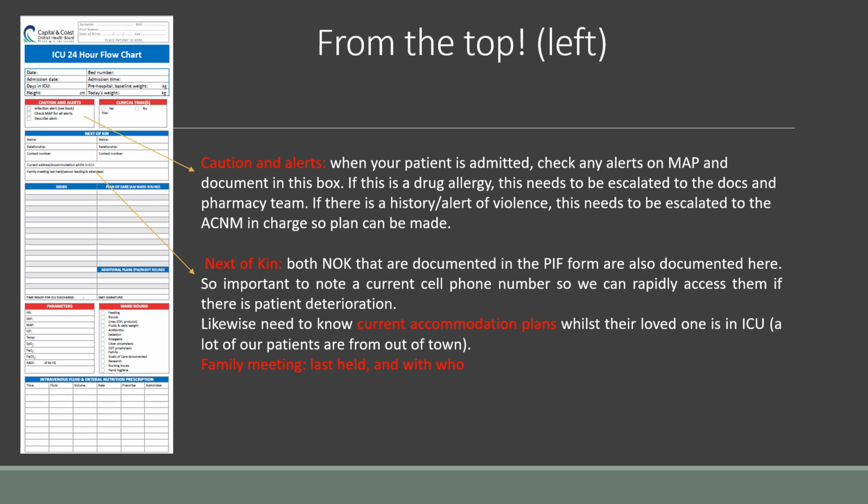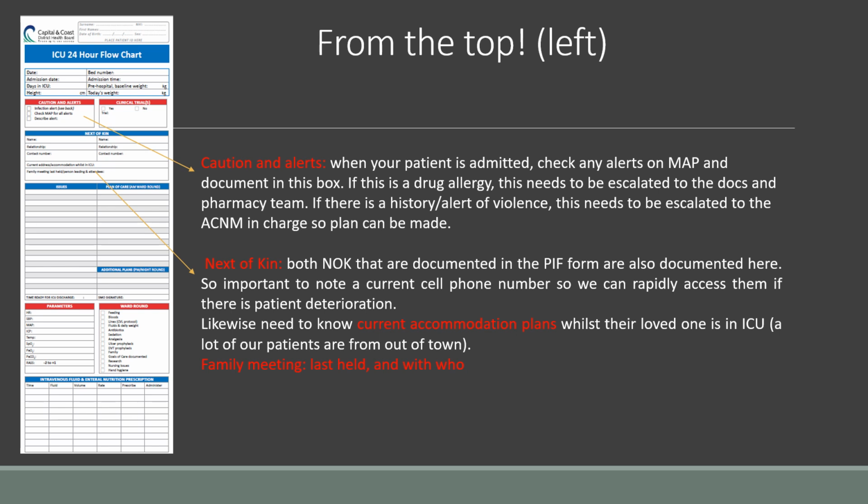Importantly, we are placing a great deal of importance around safety management, safety of our patients, but mostly safety of our staff. Unfortunately, we do have patients sometimes and relatives with a history of aggression or violence towards healthcare workers, and usually this is an alert that comes up that's attached to the patient.